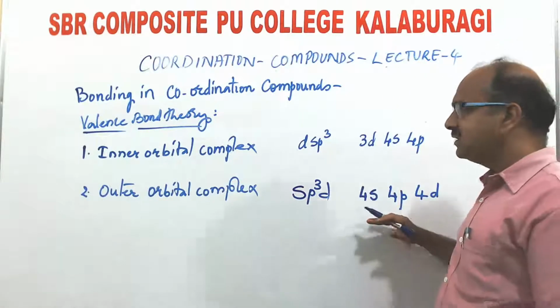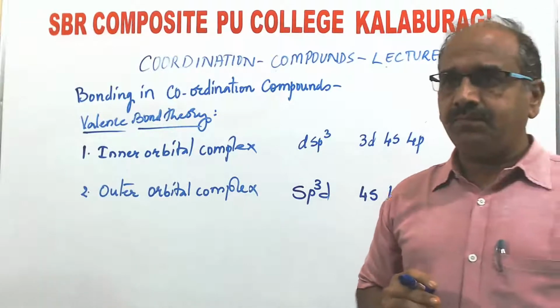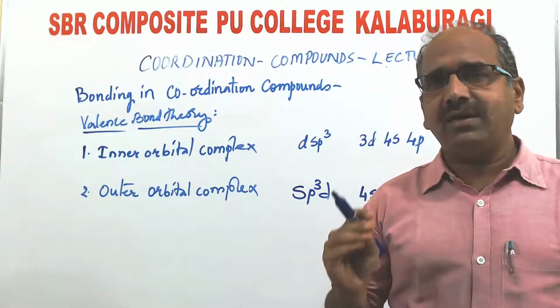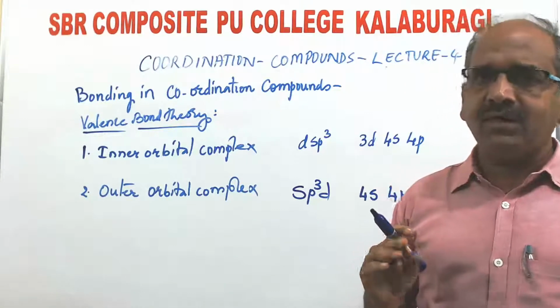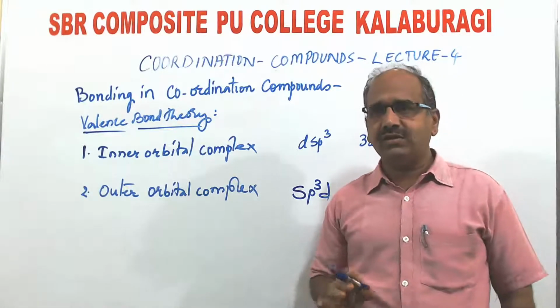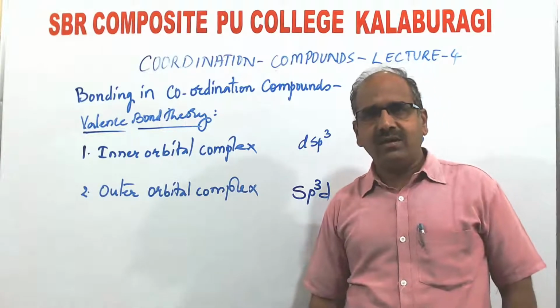This kind of pattern takes place whenever there are weak field ligands, those ligands which do not make the electrons of the metal atom pair up. Now, what is a weak field and what is a strong field ligand? Suppose a cockroach comes there.